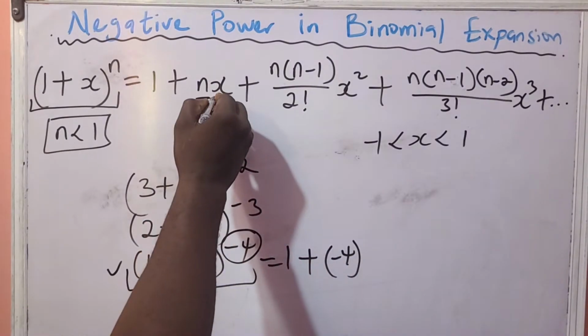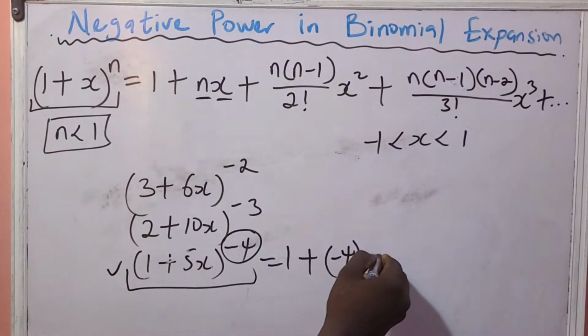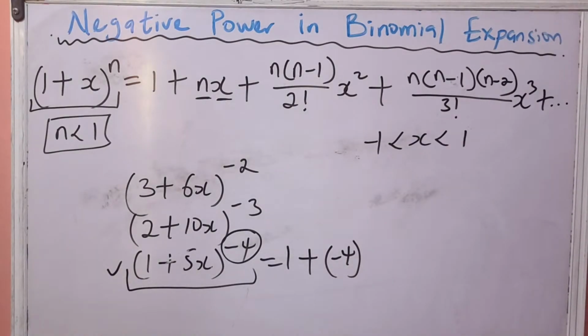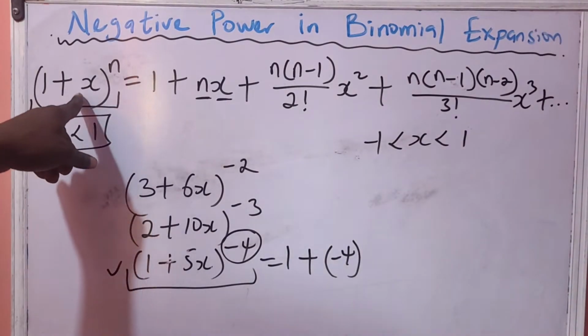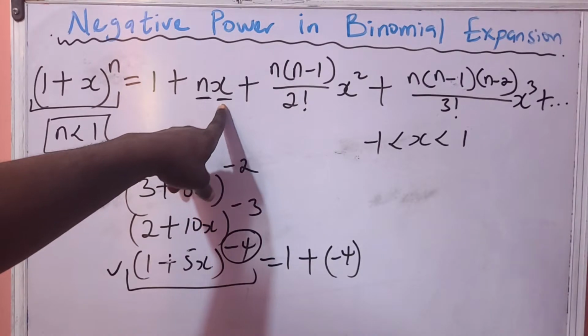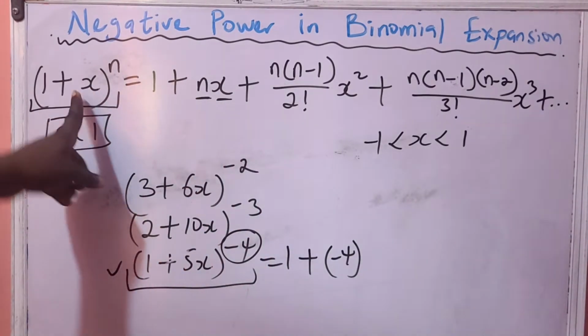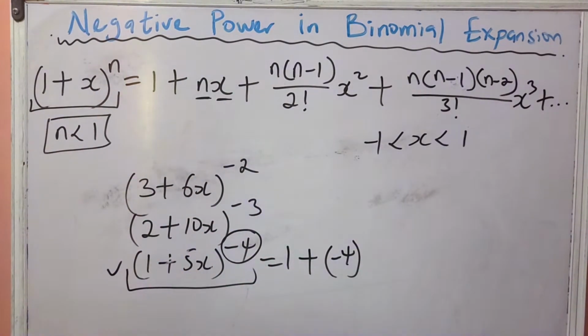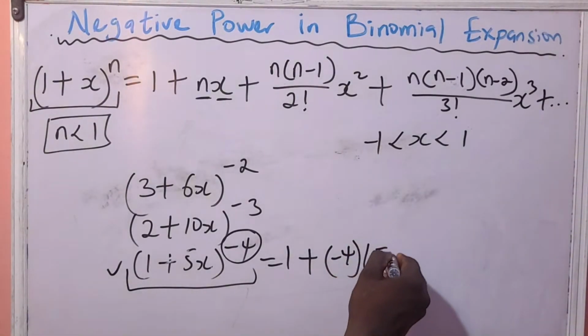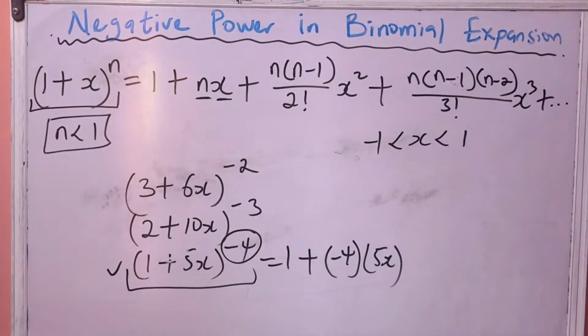Now, I cannot write x here. That would be wrong, because the reason why I wrote x here was because we had x here. Now we have 5x. So I have to go on to write 5x. Do you see that? That is the way you apply this formula.